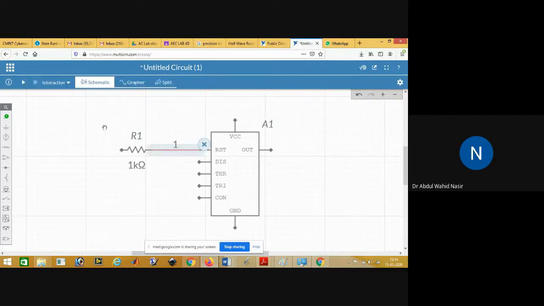This way I am making the circuit diagram. Later you can verify with whatever I've given in the notes. So this is RA, and another we need is RB. So here we can copy: if you click here, it will be copied.